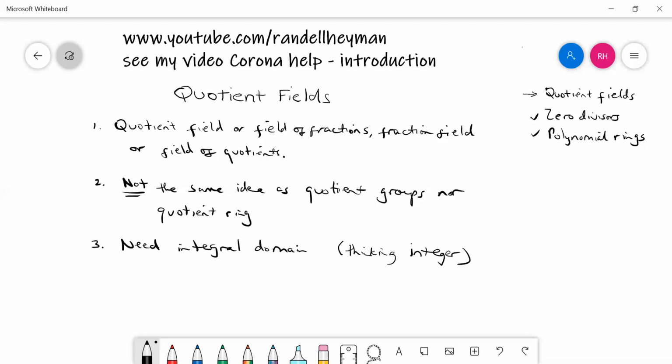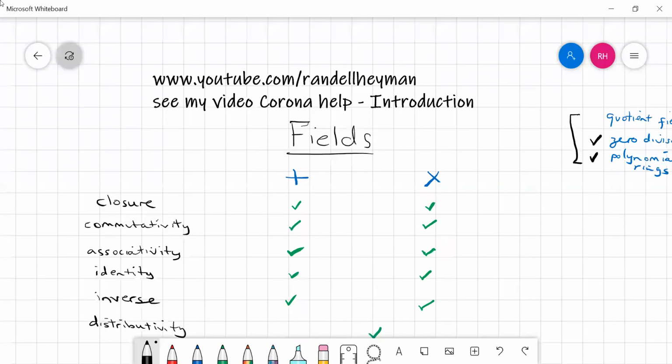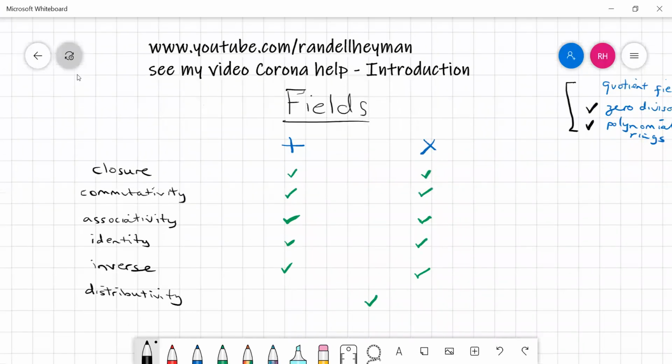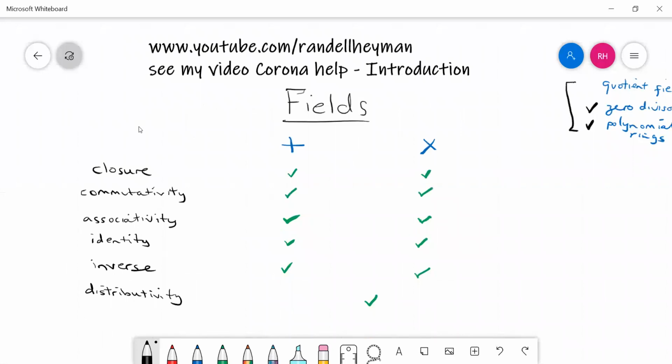Now, as it turned out, I can actually go back to what I did in one of the previous videos, because this will enable us to talk about integral domains quite easily. This is the setup I had to explain fields. We've got addition, multiplication. Down here, we've got the different rules, closure, commutativity, etc. And across here, I've ticked.